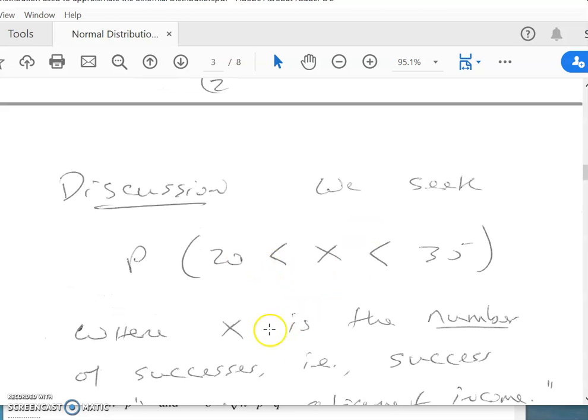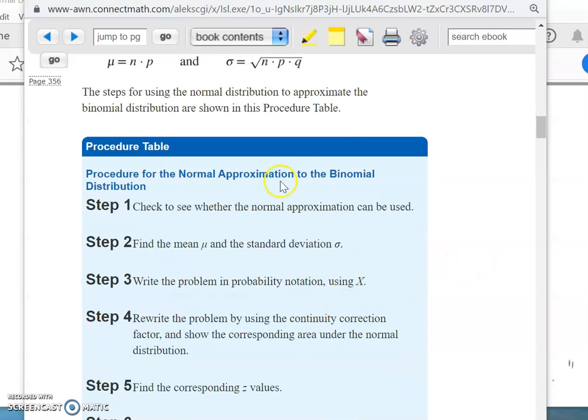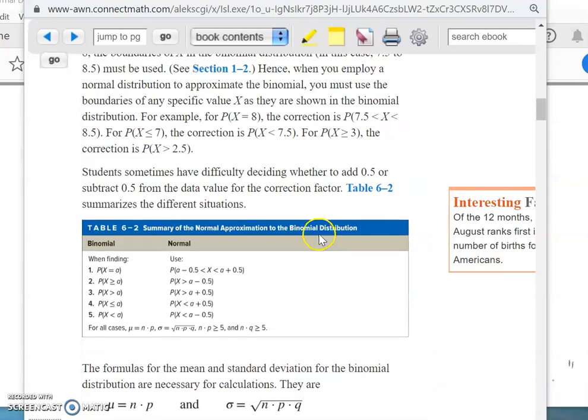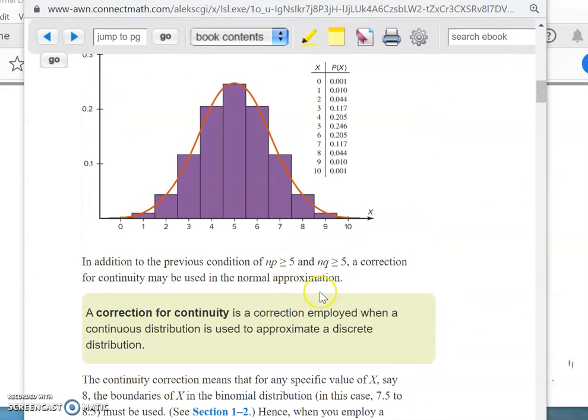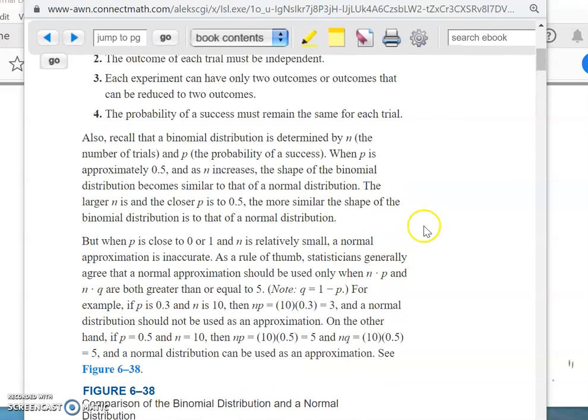So I always start by trying to do a discussion. As always, the discussion has to be whatever's appropriate for you. I didn't put in all the details here. In the book itself, it gives you a procedure table, the algorithm. The first thing you do is check whether the normal approximation can be used. Remember, in order for it to be appropriate to use the normal distribution as an approximation, you have to meet a couple of conditions.